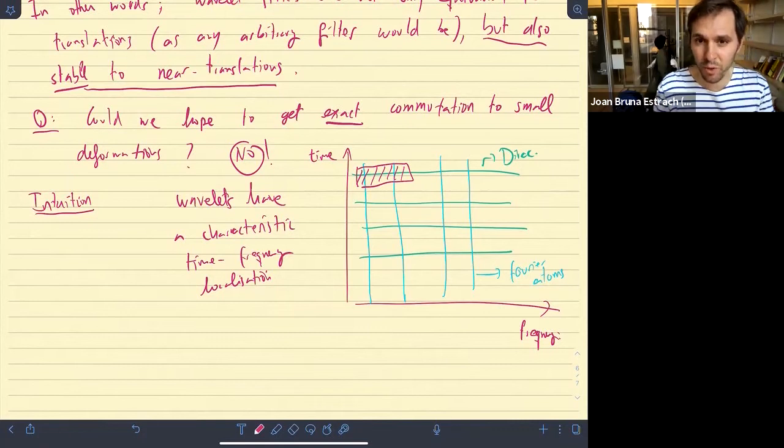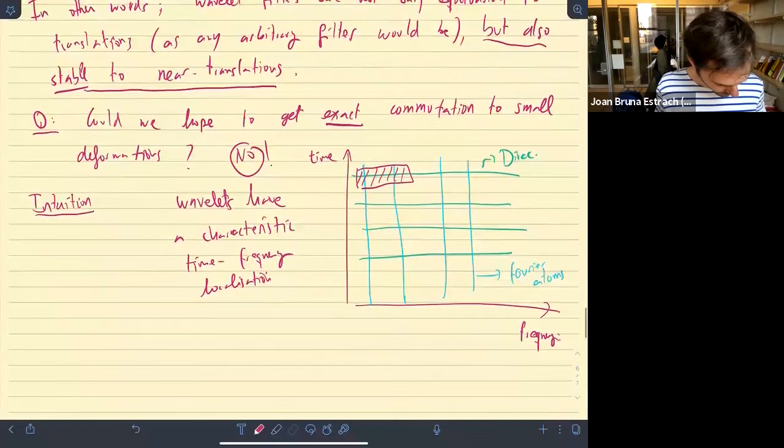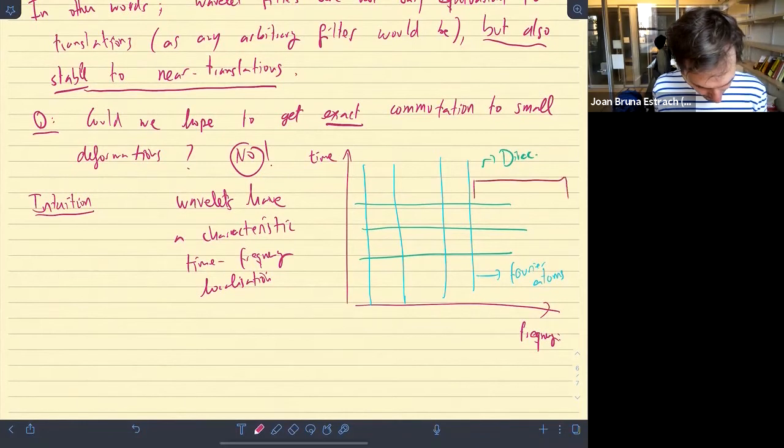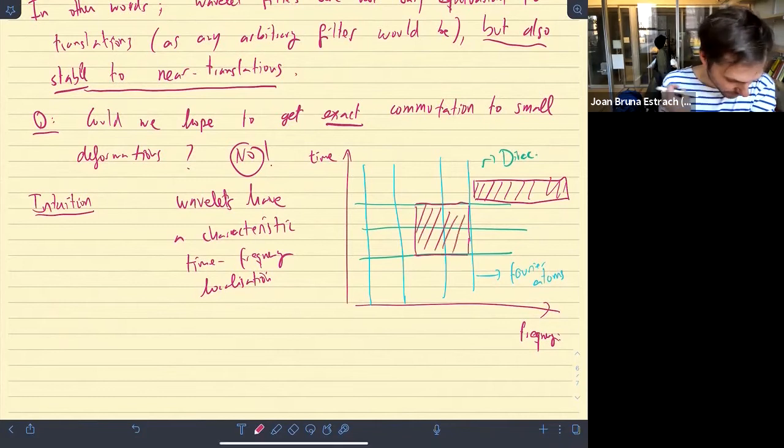Sorry, that's actually a mistake that I'm putting here. If I have something that goes very high frequency, it's very localized in space. If I have less frequency, I can have something that is less and less localized, and so on.